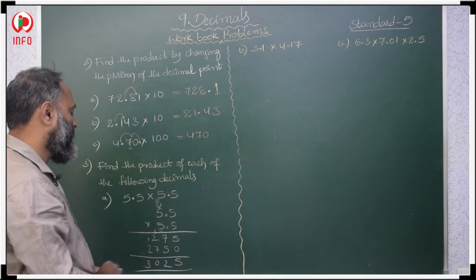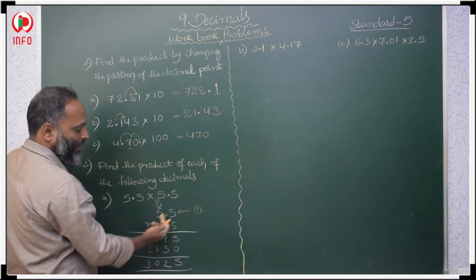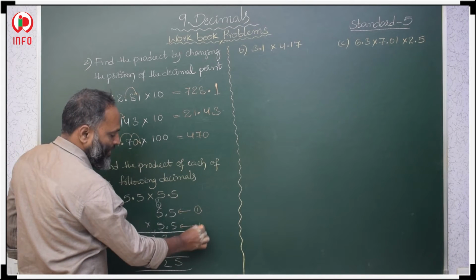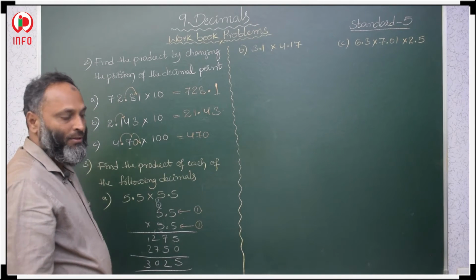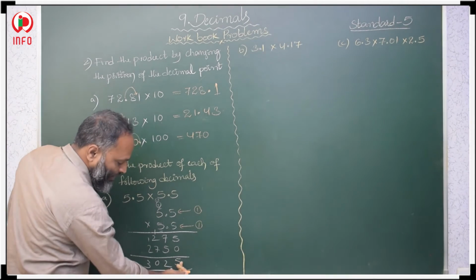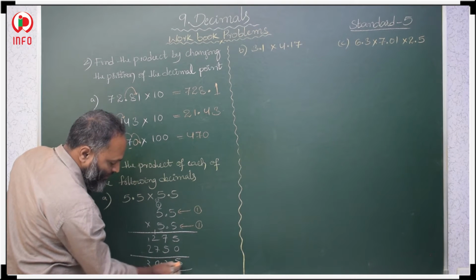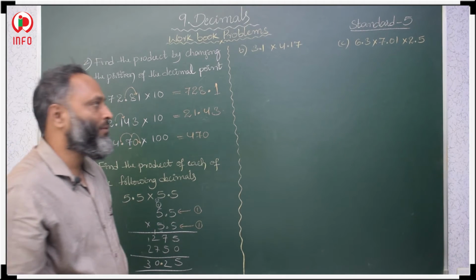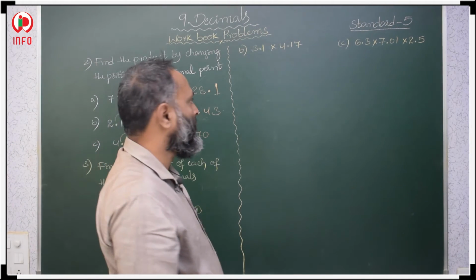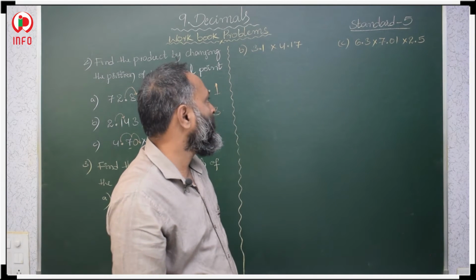See here, in the first, after one digit we have a decimal from right to left. Here also, after one digit we have a decimal from right to left. Total 2 digits, 1 plus 1. In the answer, total 2 digits from right to left we keep a decimal, that is 30.25.